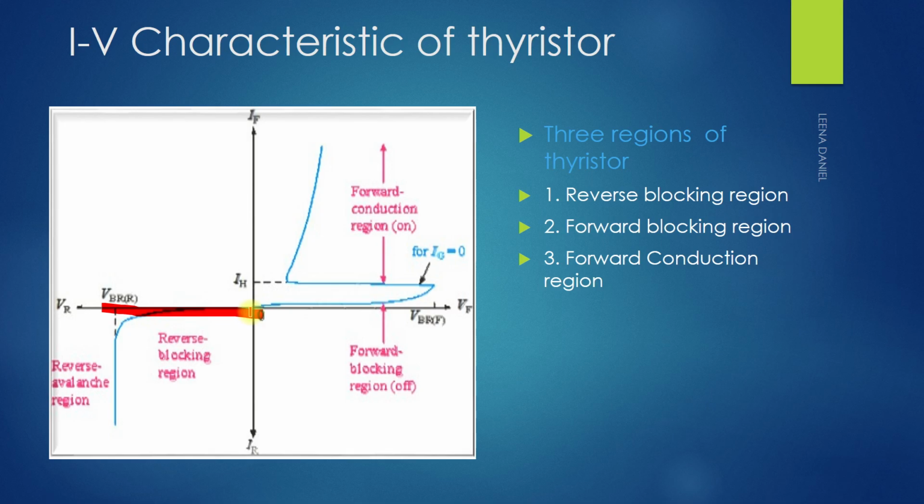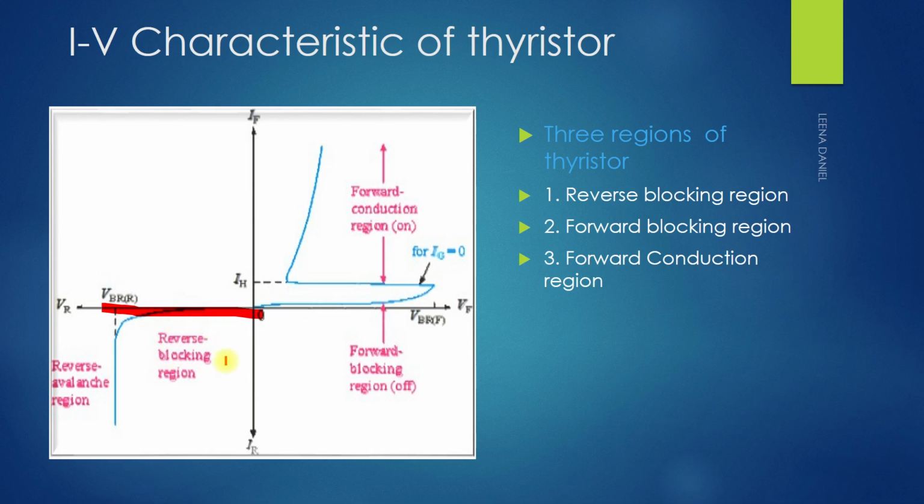When we increase the reverse voltage across the thyristor, there is no change in the circuit. The thyristor will not operate. So this region is called the reverse blocking region, meaning the thyristor is connected in reverse bias but not operating, or nothing is happening in the thyristor.